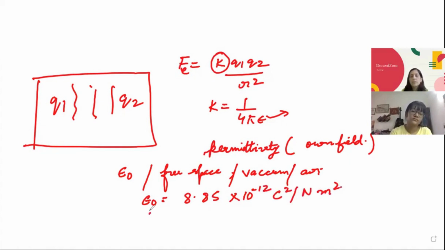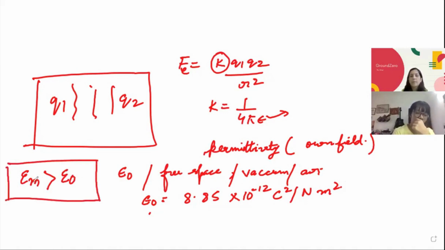So this is very less. Permittivity in air, free space, or vacuum is very less. And if we take a medium, this is the permittivity of the medium, epsilon m I have written, that is much greater than epsilon naught, right? So this is a very important formula: permittivity of a medium is greater than epsilon naught.